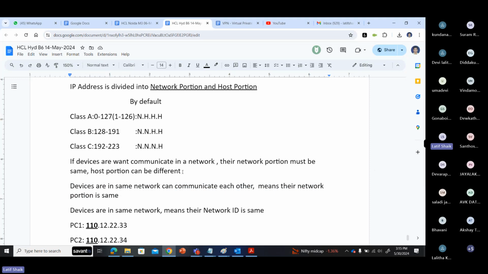I will add that one. At least one of the host portions must be different.